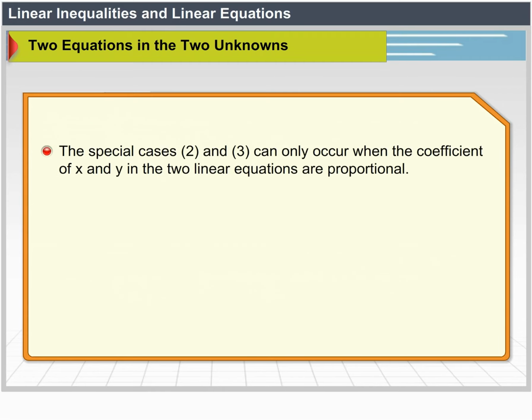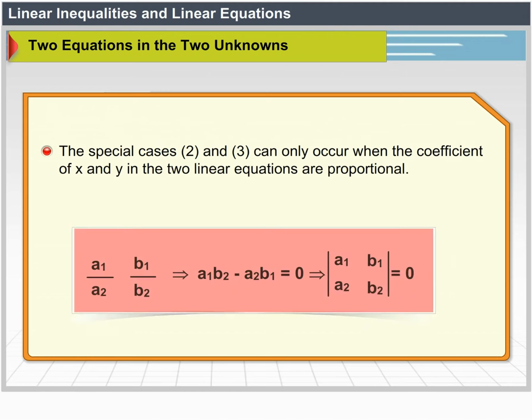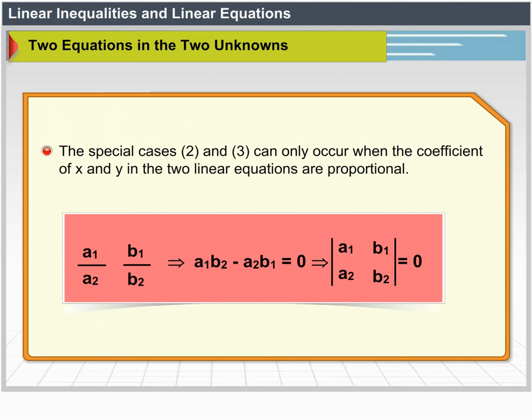The special cases 2 and 3 can only occur when the coefficients of x and y in the two linear equations are proportional. a1 by a2 is equal to b1 by b2 implies a1 b2 minus a2 b1 is equal to 0, which implies the determinant with rows a1 b1 and a2 b2 is equal to 0.